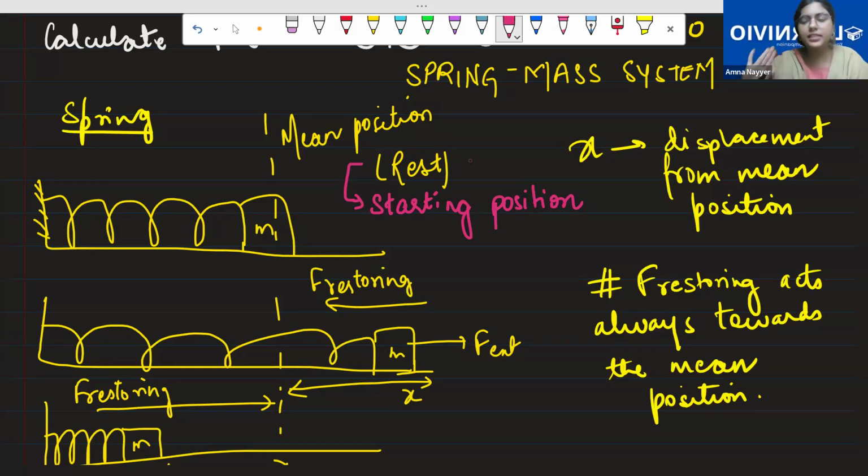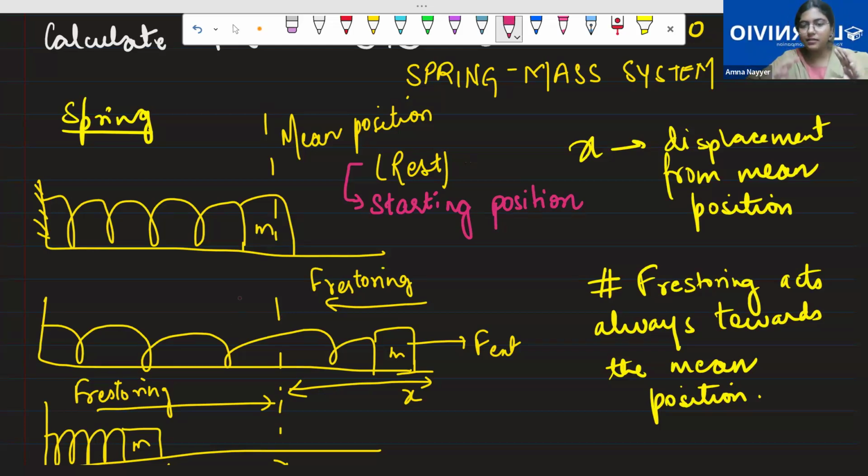It means no force is applied by nature, whatever is the position of the body. That is termed as the mean position. Now, for a spring mass system, everything will be taken with respect to this mean position.